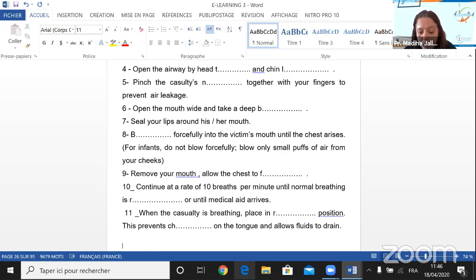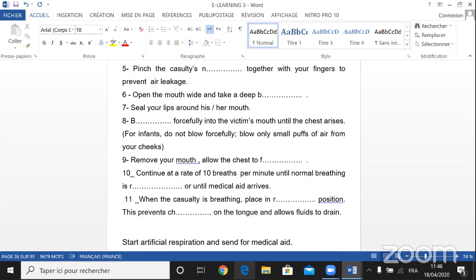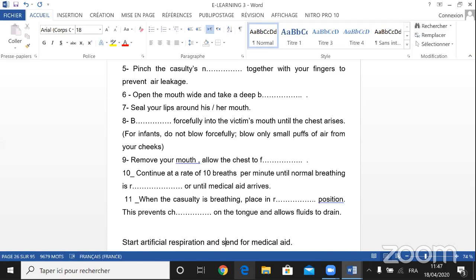Good. Open your mouth wide, and take a deep breath. Breathe is the verb, and breath is the noun. Take a deep breath. Excellent. I'm happy with you. Seal your lips around his or her mouth.